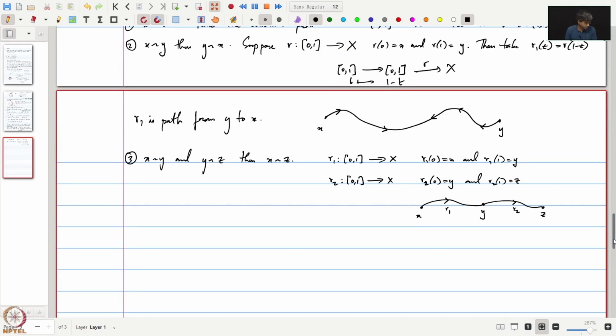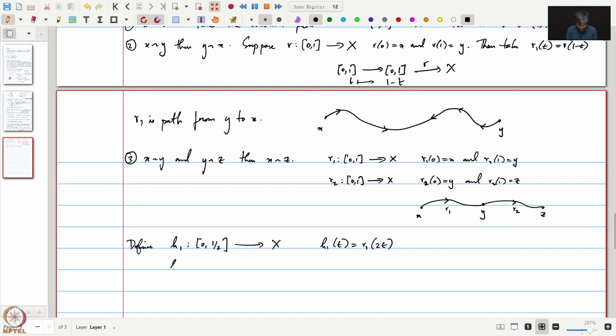Now we define this map. First we define a map H1 from [0, 1/2] to X, so H1 of t is equal to gamma 1 of 2t.